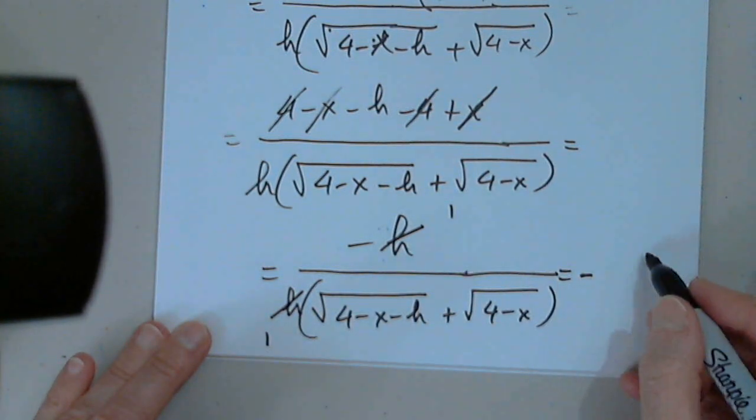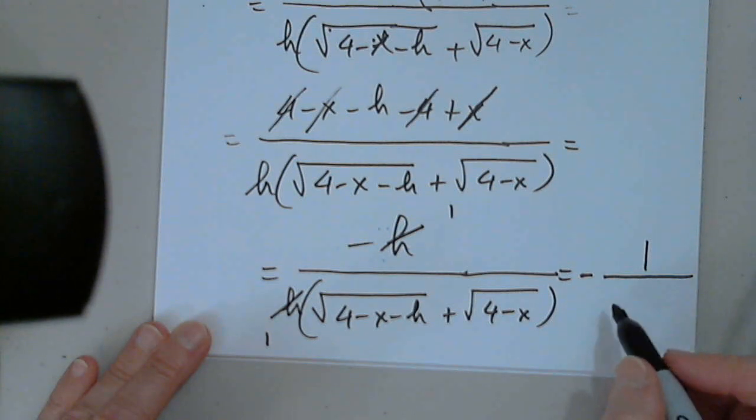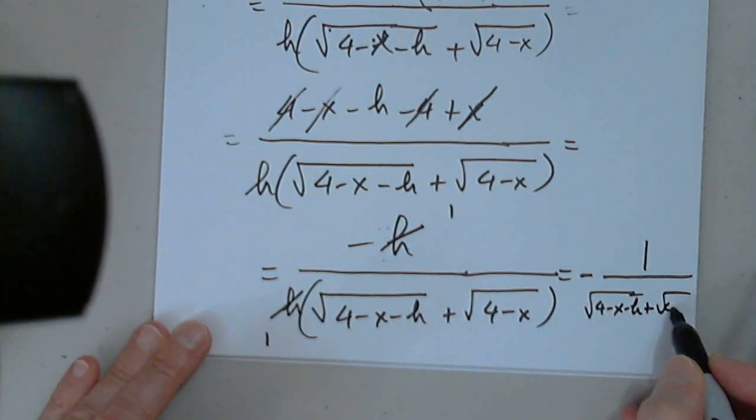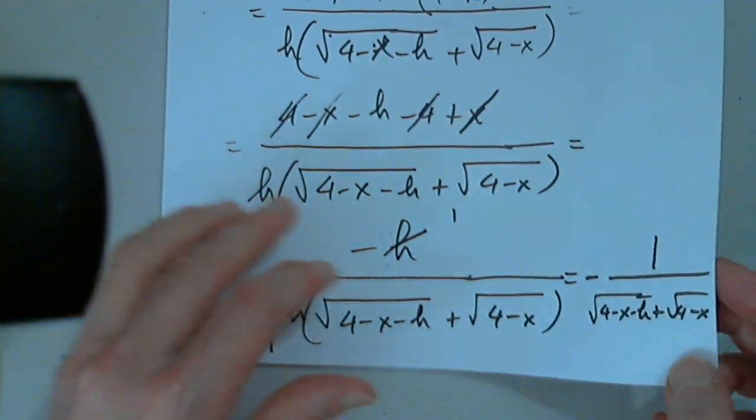So here's the final form: 1 at the top, and this whole thing in the denominator, the square root of 4 minus x minus h plus the square root of 4 minus x. This was a good refresher on rationalizing as an example.